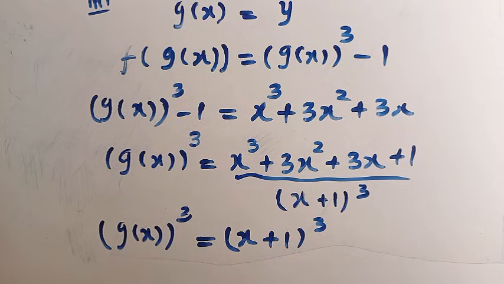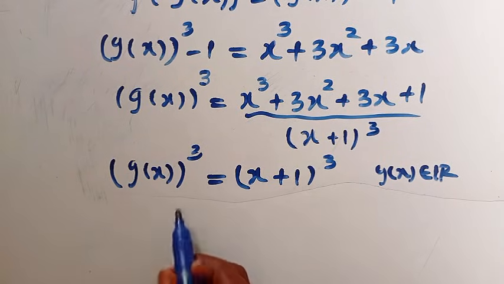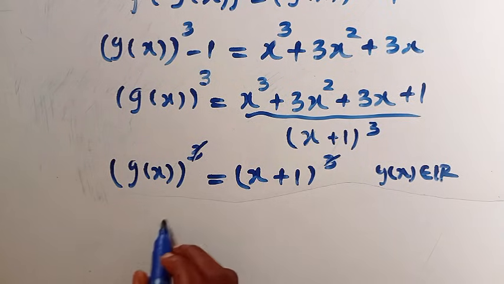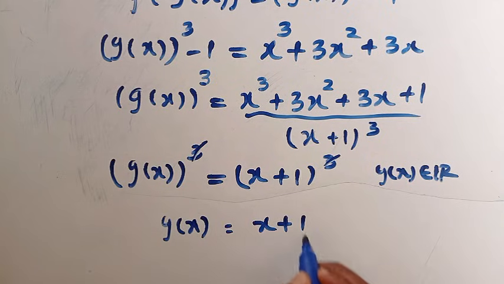Note that g of x here is a member of the real numbers, because at this stage you can try to look for the complex value, but we focus more on the real value. So by taking the cube root of both sides, 3 cancels 3, and we have g of x equals x plus 1.